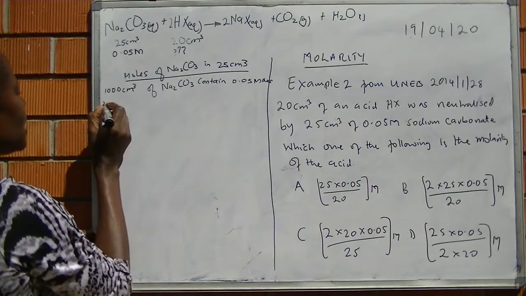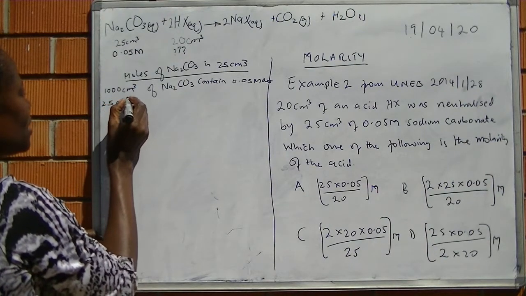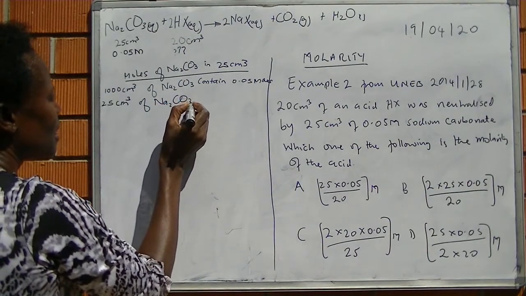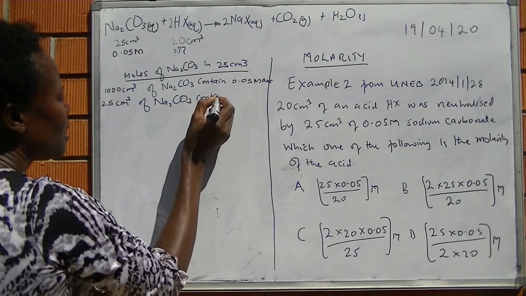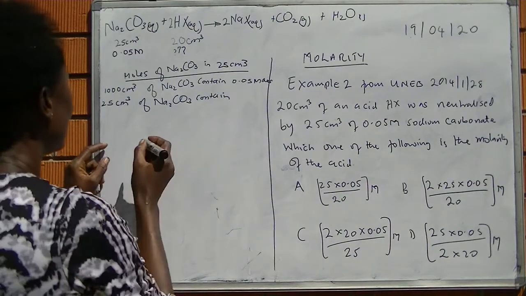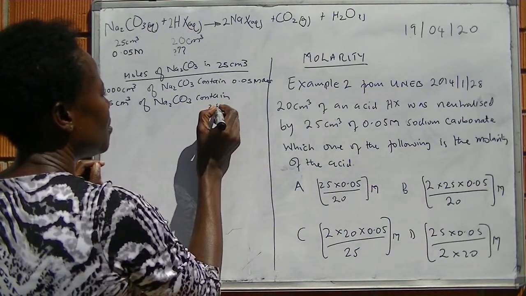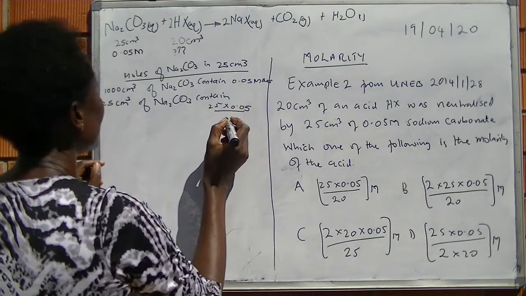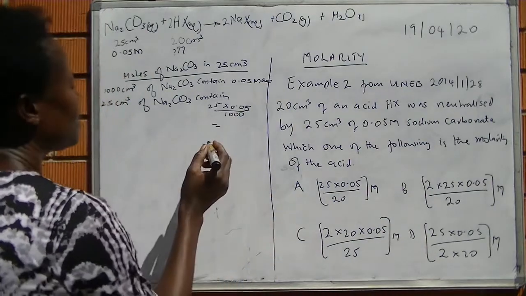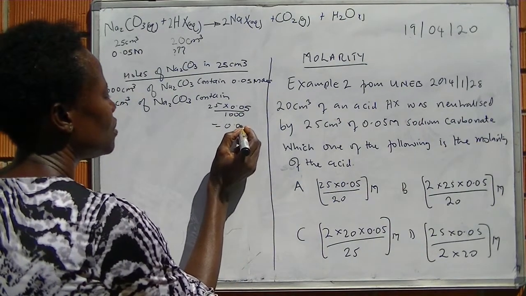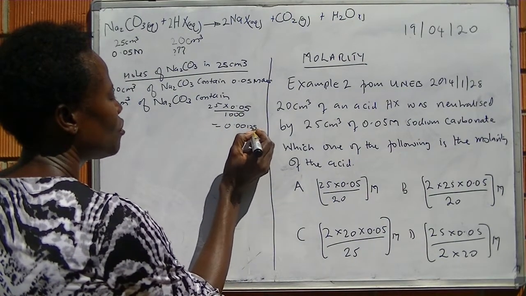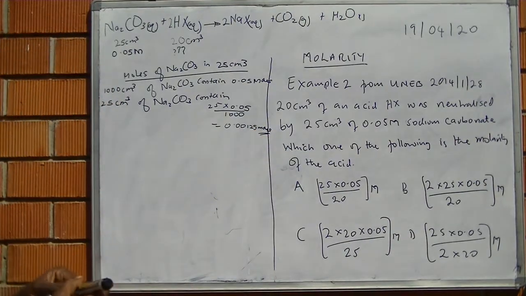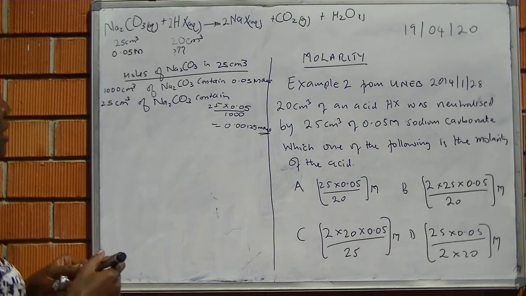What about 25 cubic centimeters of sodium carbonate will contain, we cross multiply 25 by 0.05 over 1,000, which is equal to 0.00125 moles. So these are the moles of the carbonate in 25 cubic centimeters.